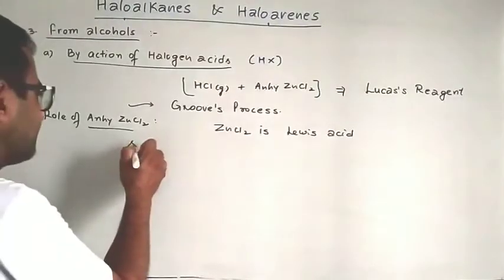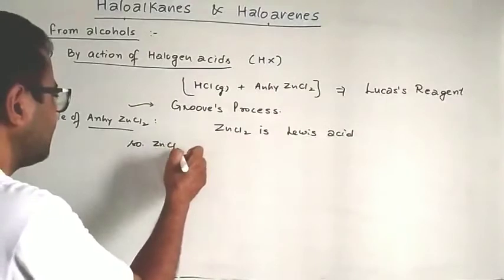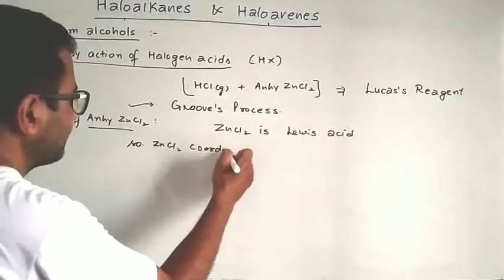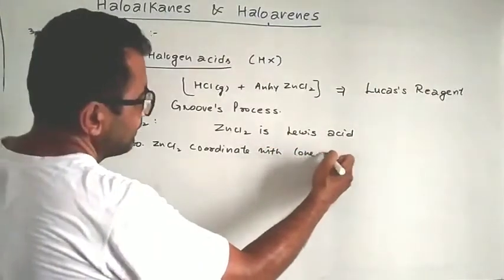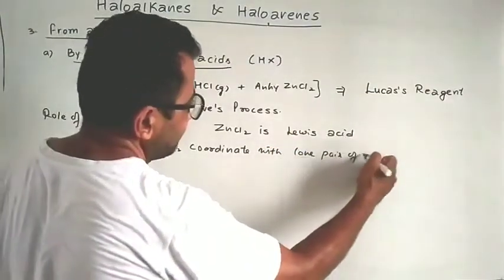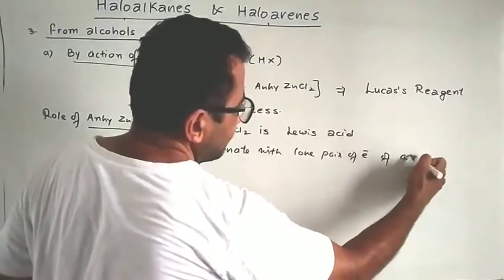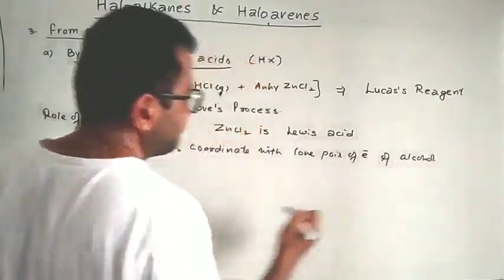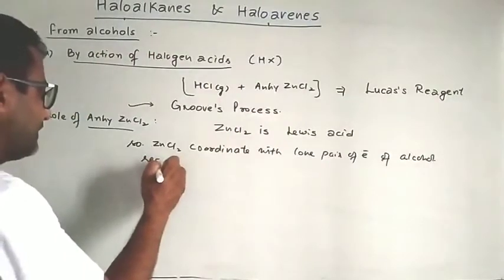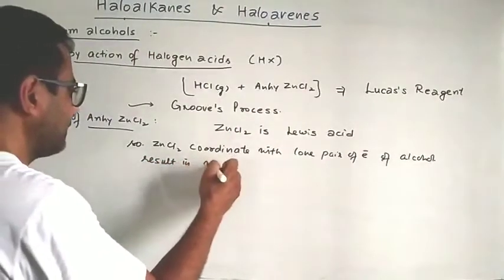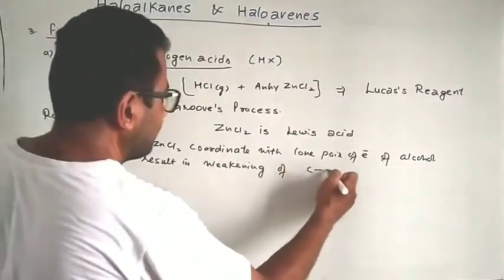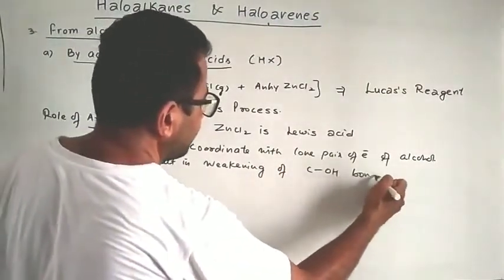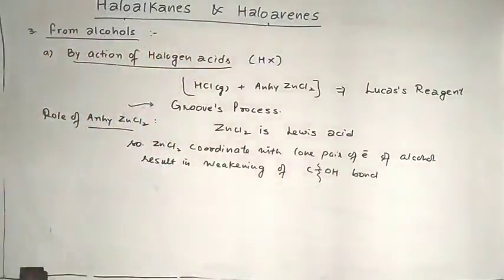So zinc chloride coordinates with the lone pair of electrons of alcohol, resulting in weakening of the OH bond. So this bond will become weak and it will break easily.